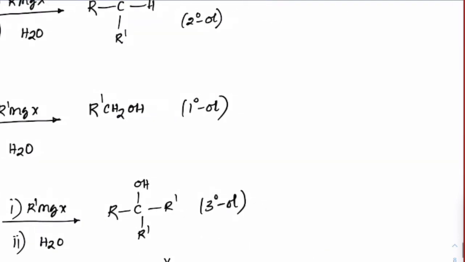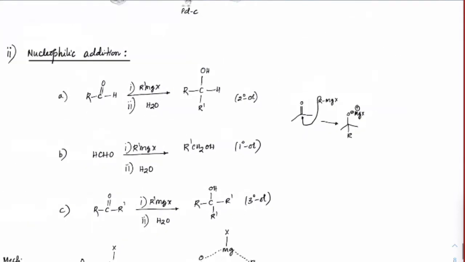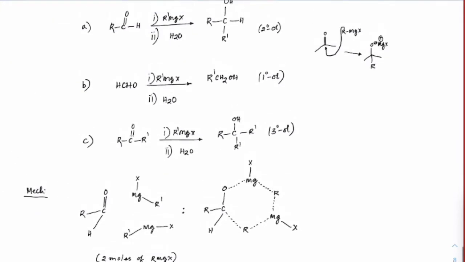The general mechanism we think about is that the double bond C=O is present, RMgX is present. What we expect is that this R minus will attack here first, and then we may get O minus, MgX plus and R. Now this mechanism is accepted, but the more accepted mechanism is the one which I am writing right now, which is a 2 moles mechanism.